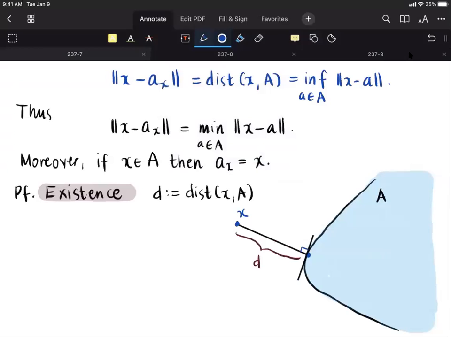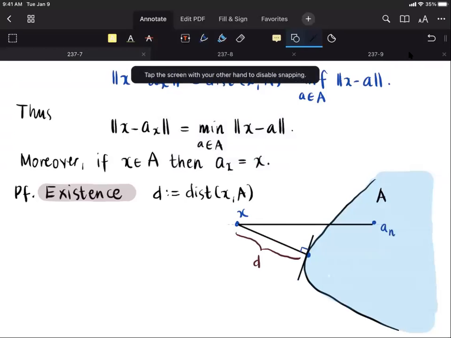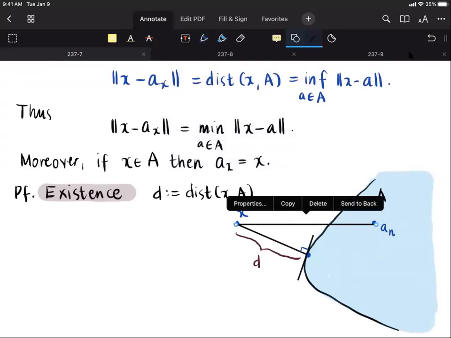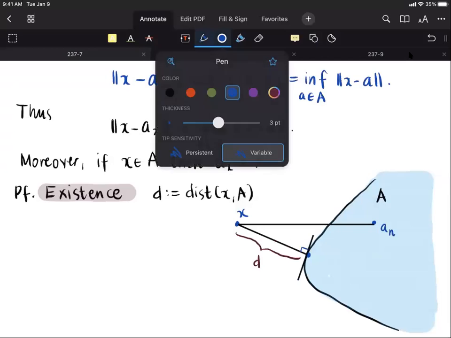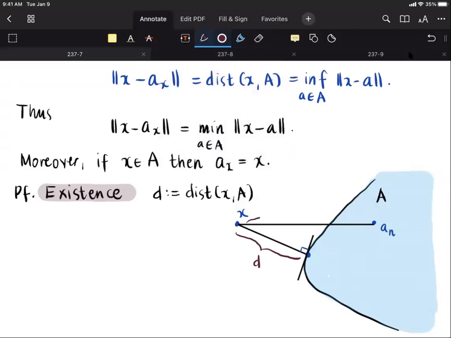Pick a point, let's say A sub n, wherein the distance between x and A_n is less than the square root of d squared plus 1 over n.